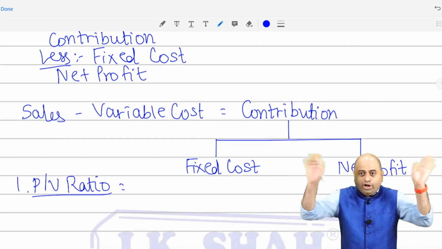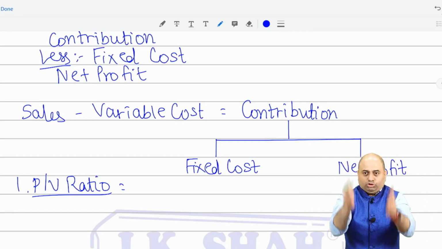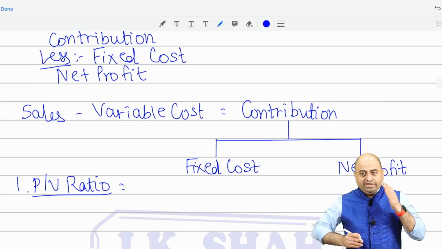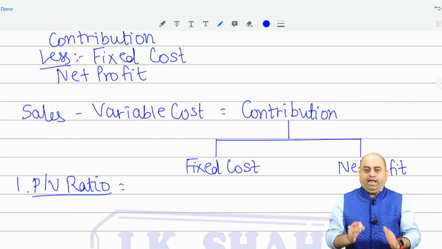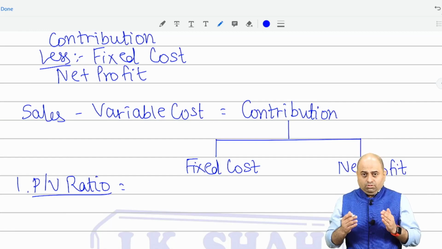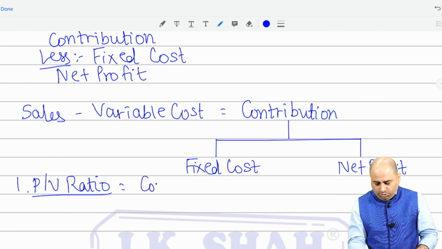I'm not going into the details of the formula. This is revision. I request you to stick to this. In your lectures, you would have surely done it, and I really respect what you have done. But right now, when you are revising, just stick to this. What is it? Contribution upon sales into 100.